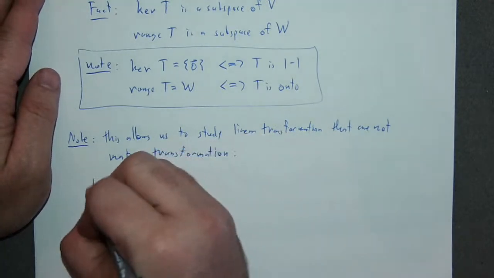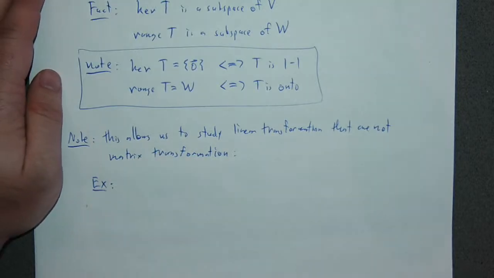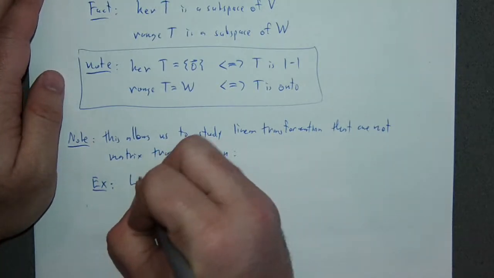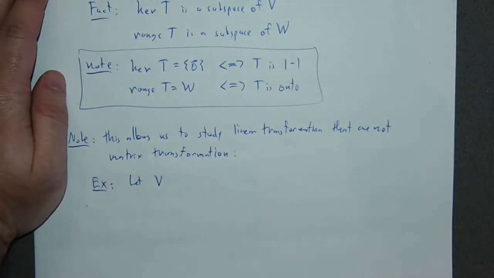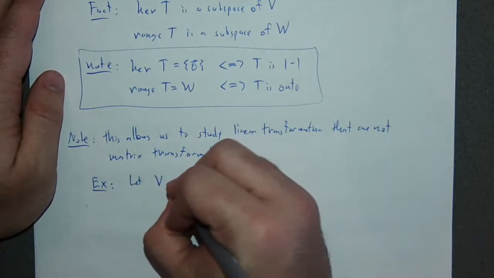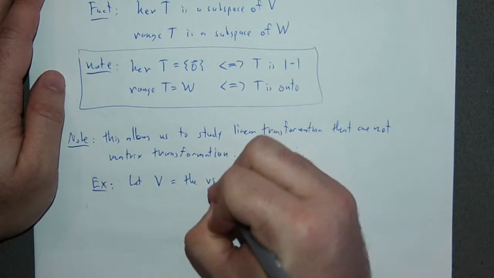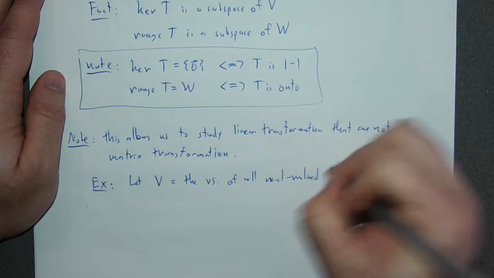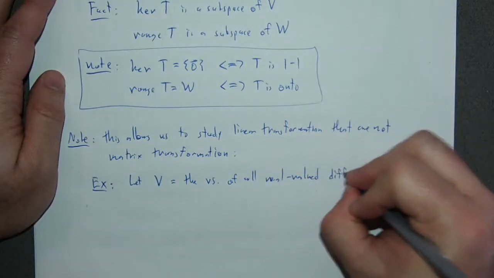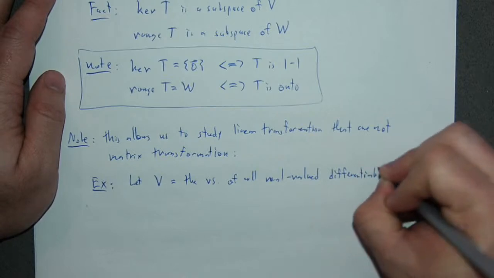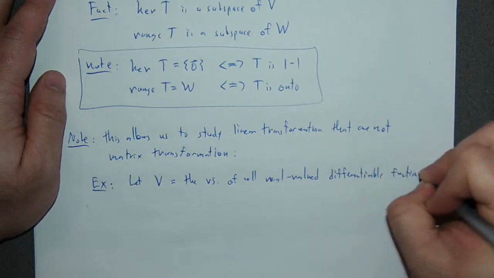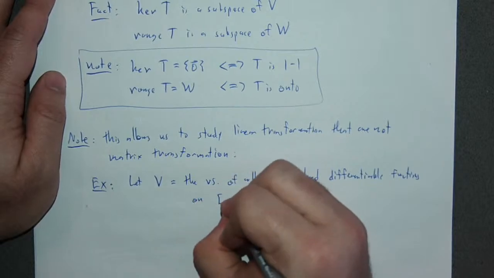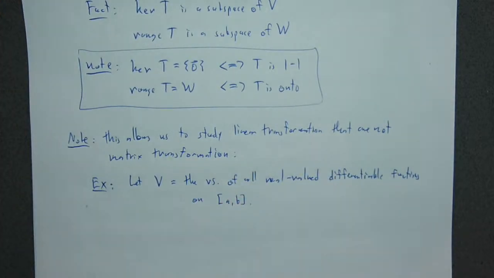So for instance, here's an example. Let V be the vector space of all real valued differentiable functions on an interval, say AB.